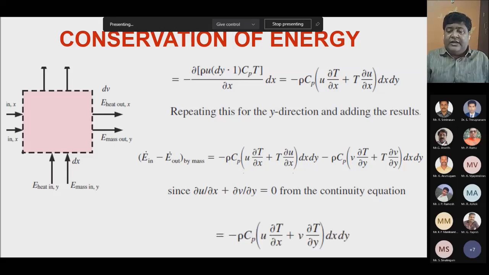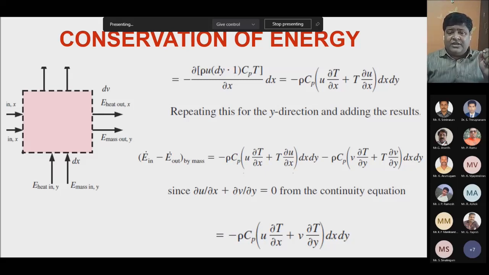Then finally you get only the temperature term and the velocity term, change in velocity vanishes. So minus rho Cp into u into dou T by dou x plus v into dou T by dou y into dx dy. This is the net energy entering the control volume.